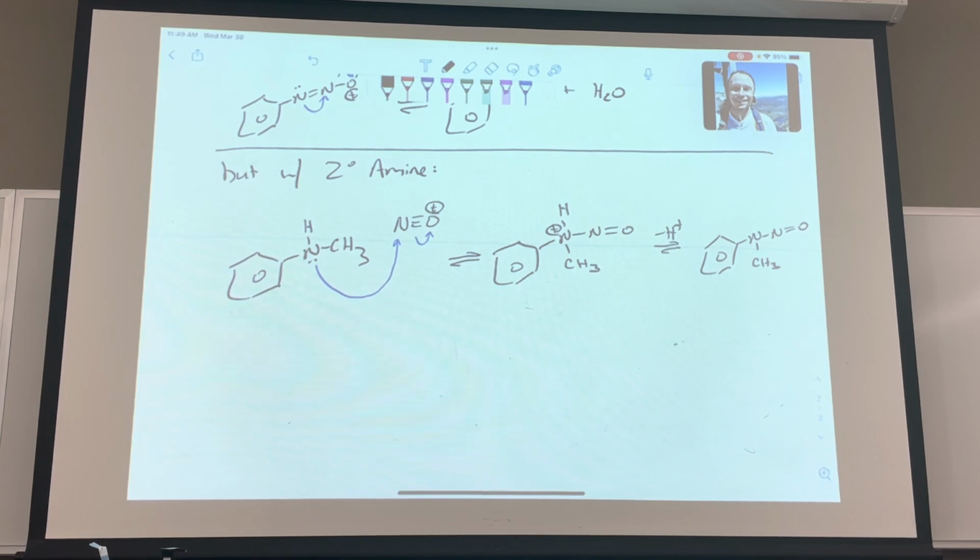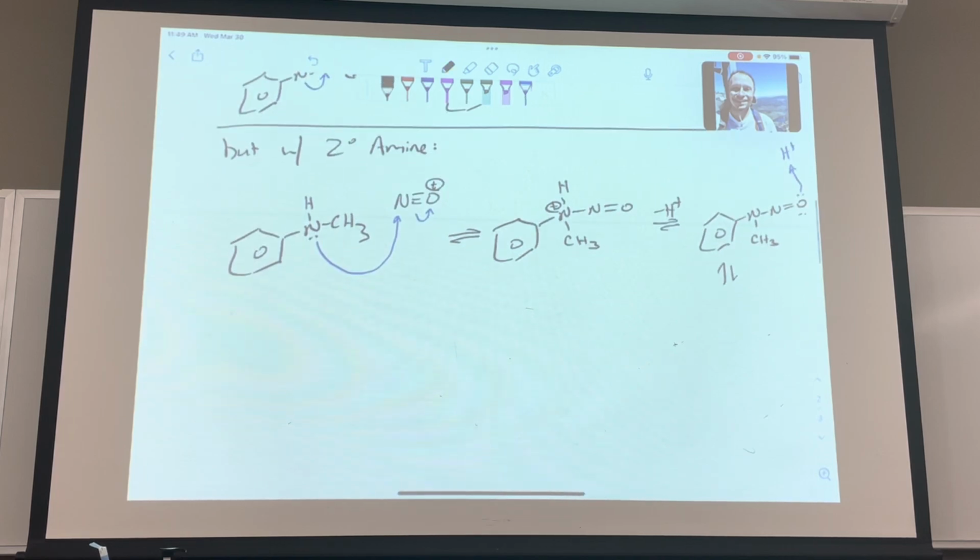And then we can think about, again, doing the exact same thing that we did before. We're going to try to start making our leaving group. Shift the electrons in, giving oxygen its lone pair back.